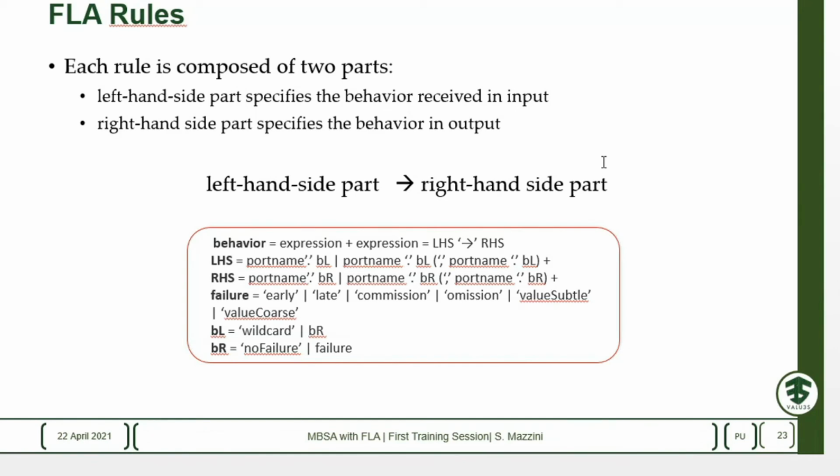For instance, we have the ID of a port, the ID of an input, dot, the kind of behavior, on the right and on the left, where the behavior can be no failure or the list of failures that we have already presented.